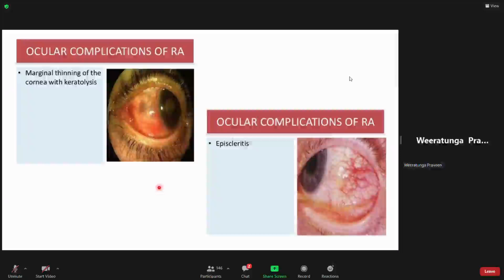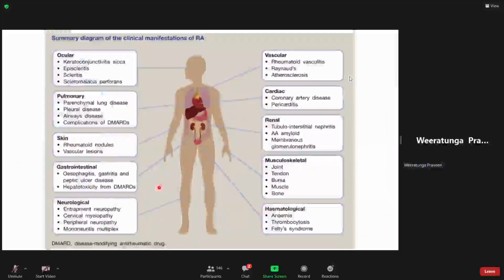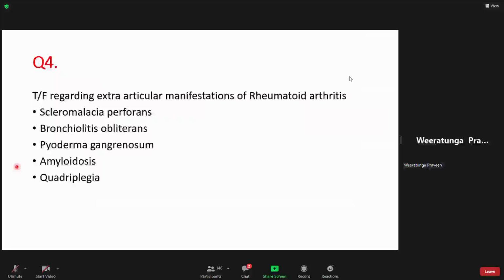In the respiratory system, as you know, they commonly get interstitial lung disease, but they also get pleural effusions. And I told you in respiratory that these are low glucose pleural effusions. Another respiratory complication is a small airways disease that is called bronchiolitis obliterans. So statement 2 is true.